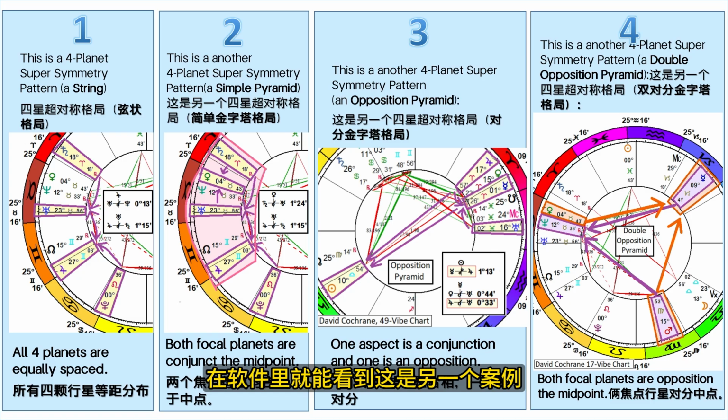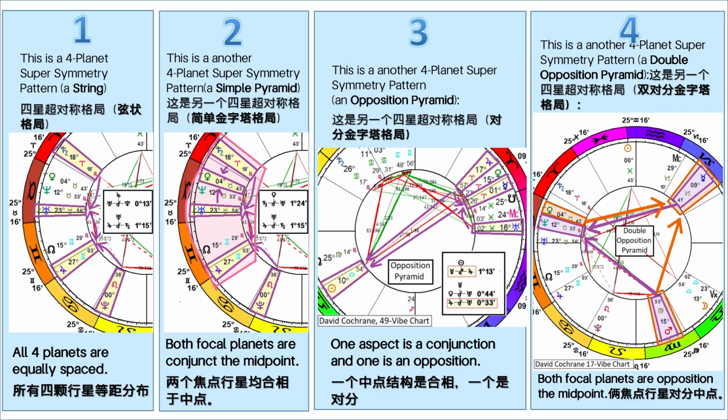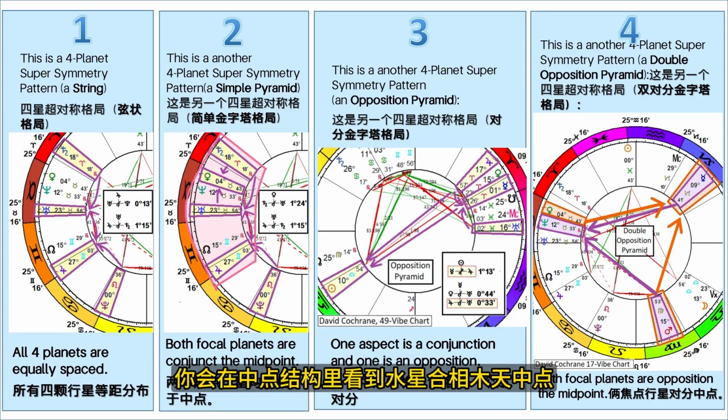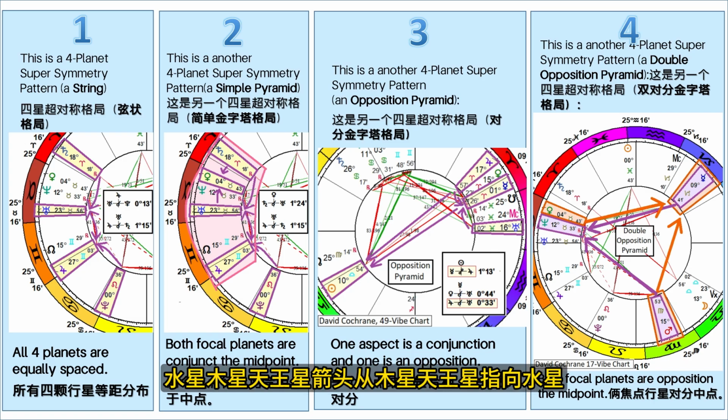So this is another example. What you'll see in the midpoint structures is that Mercury is conjunct the Jupiter-Uranus midpoint. So I put here in purple outline with a slight yellow tint, Mercury, Jupiter, Uranus, with little arrows going from Jupiter to Mercury and Uranus to Mercury.